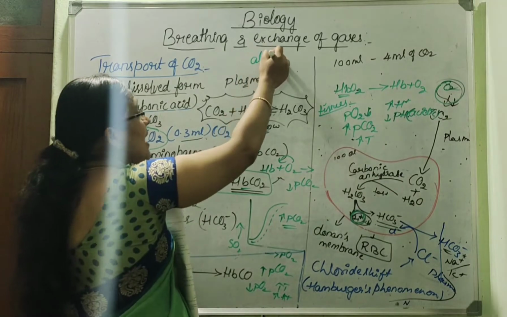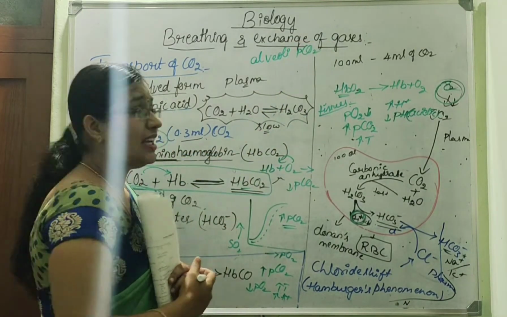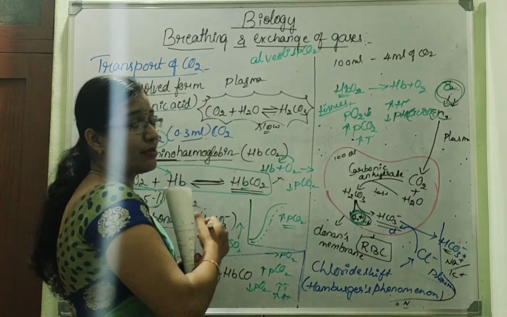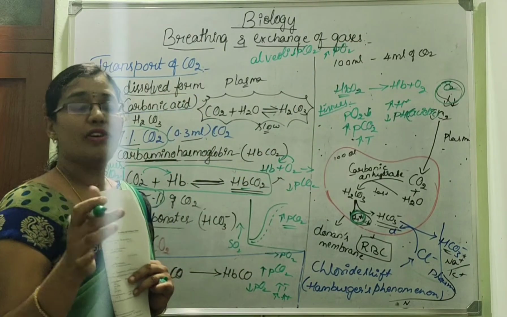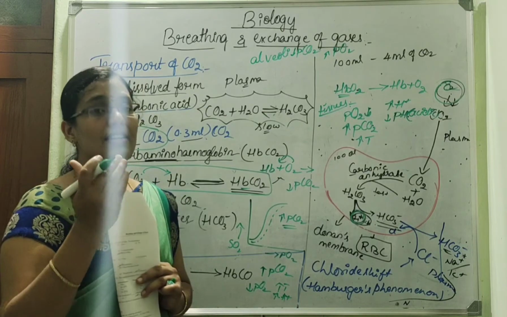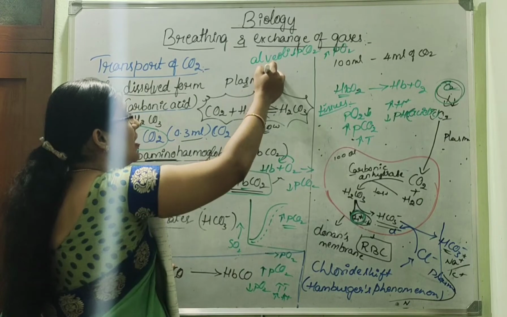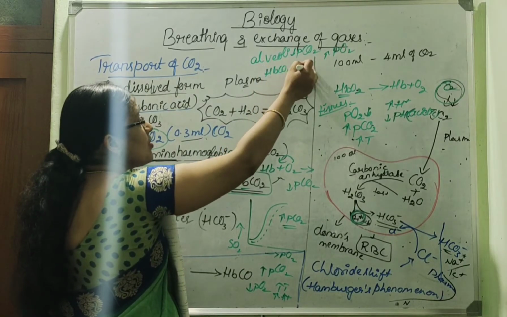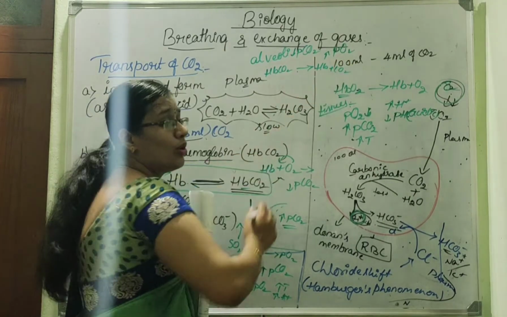But at alveoli, PCO2 will be less. Why? Because at alveoli, the levels of oxygen will be more, carbon dioxide will be less. So under low partial pressure of carbon dioxide, carbon dioxide dissociates from the hemoglobin.